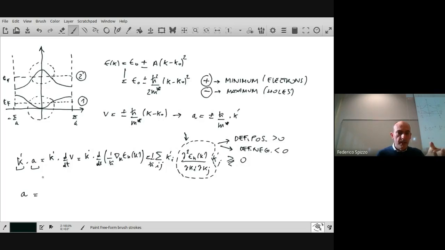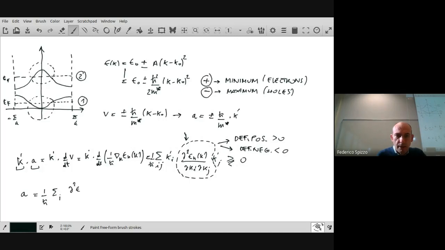To understand what is the meaning of this matrix here, we may just rewrite A. Using the same expression that is presented here, A is 1 over h bar. We have a summation over, in this case, just one index.